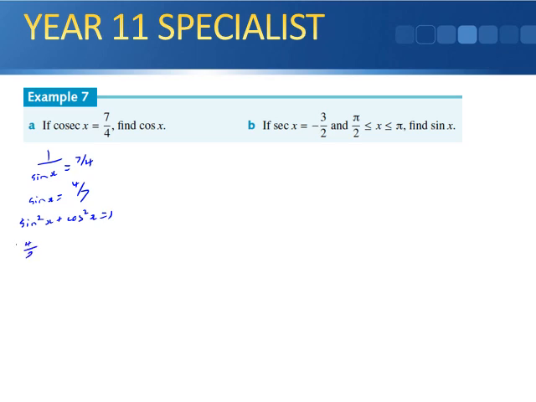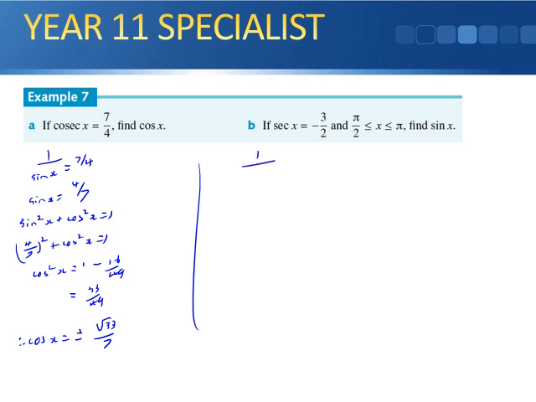This is 4 on 7 squared plus cos squared x equals 1. So I get cos squared x equals 1 minus 16 on 49, which ends up giving me 33 on 49. And therefore, if I square root, I get cos x equals plus and minus the square root of 33 on 7.